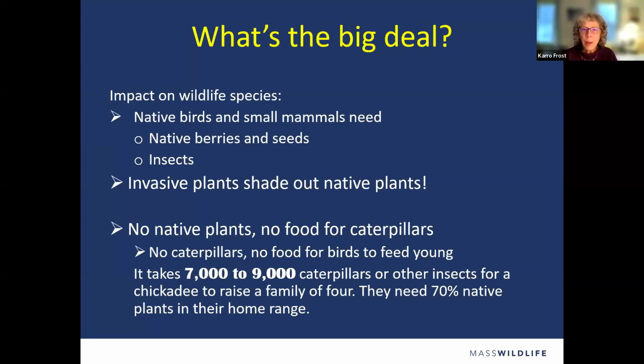So it needs about 70% native plants in its home range. That's a lot. So it's mind-boggling how much they eat and how many they take. And we still have a lot of insects out there, but they're starting to drop. And part of that is because of the invasive plants. And our native bugs need native plants.